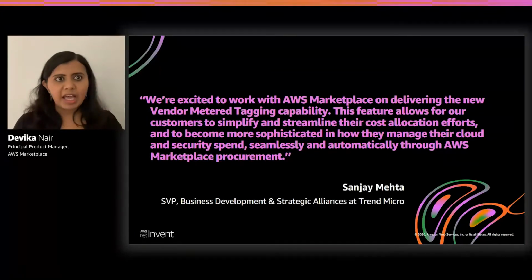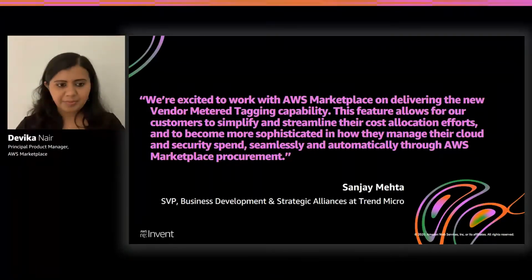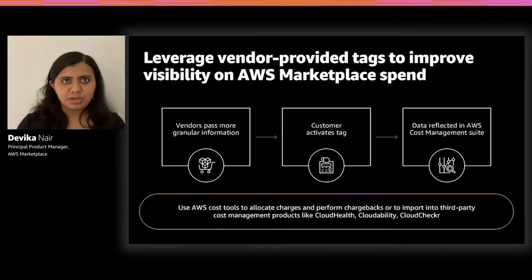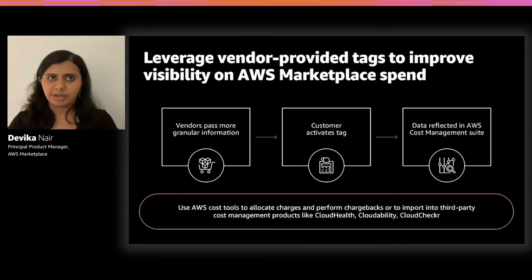And by having that information also available alongside your AWS spend, you are able to seamlessly and automatically simplify and get clarity on your AWS Marketplace costs. So that is exactly what we did. We introduced a new feature which allows the vendors to provide tags that help you improve visibility on your AWS Marketplace spend.